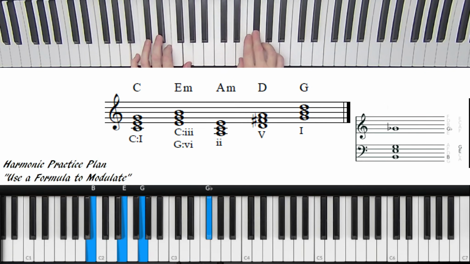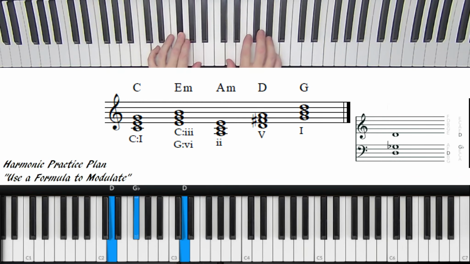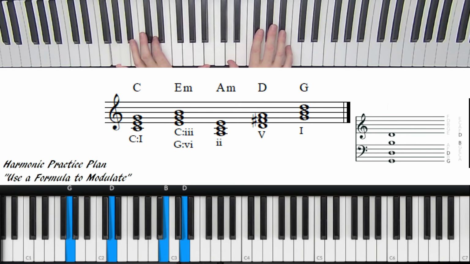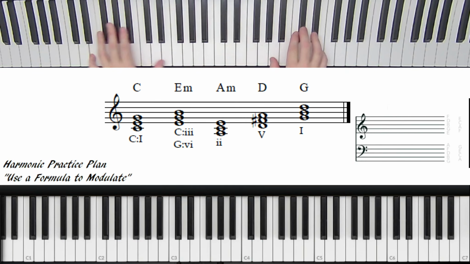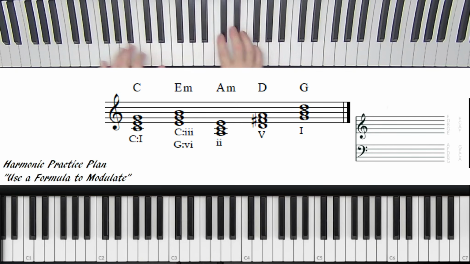E minor, using the same motif, thinking of a build-up, now going to do the same thing in G. Now we're in the original key. We could actually play the original key material, or we can keep wandering. But I'll just use it as a build-up.